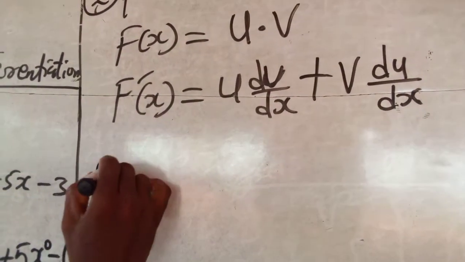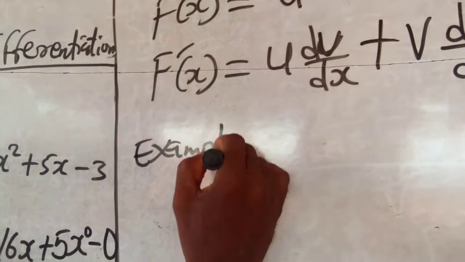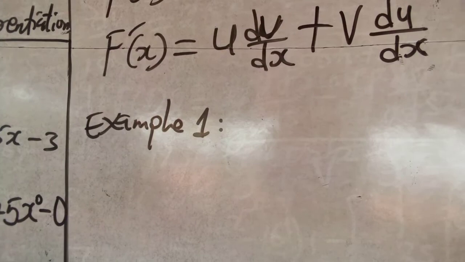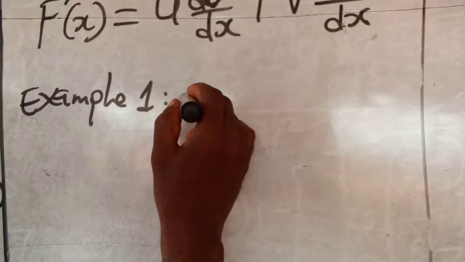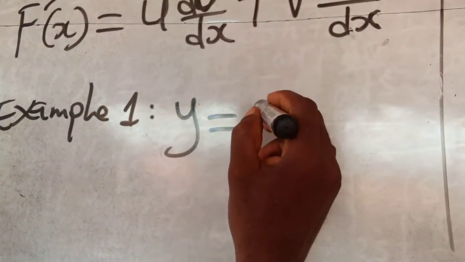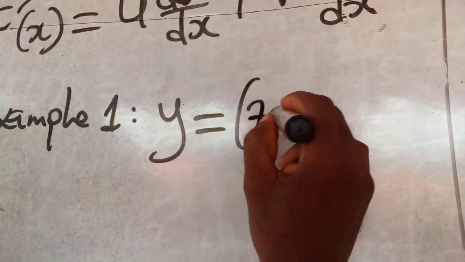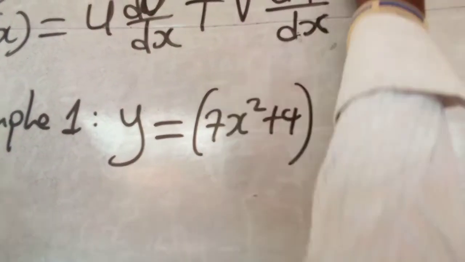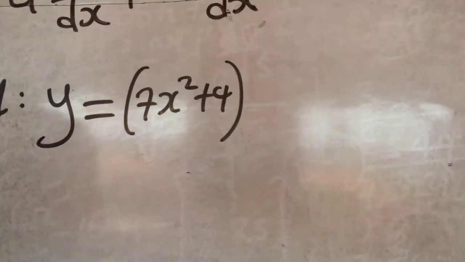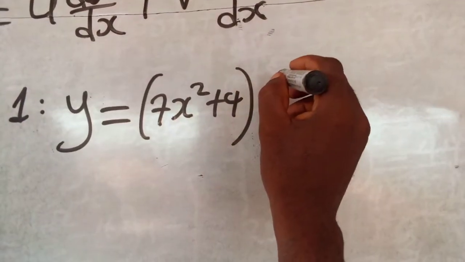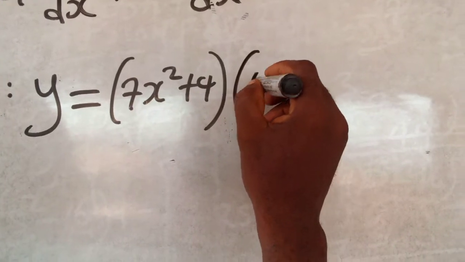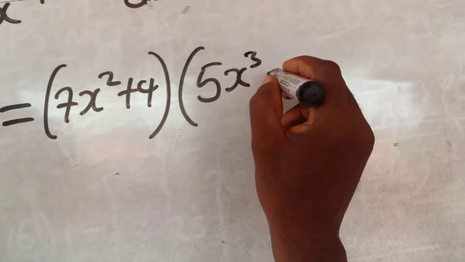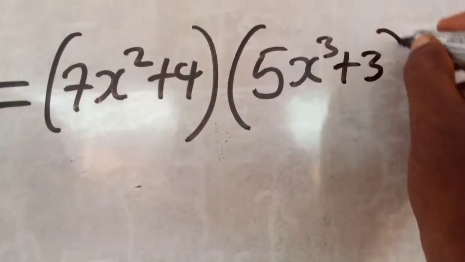So for example, if you are given that y is 7s raised to the power 2 plus 4, then times, let's say, 5s raised to the power 3 plus 3.